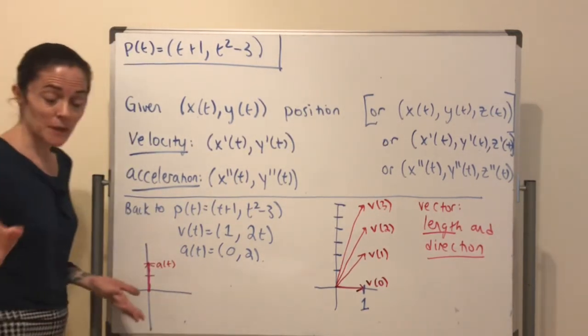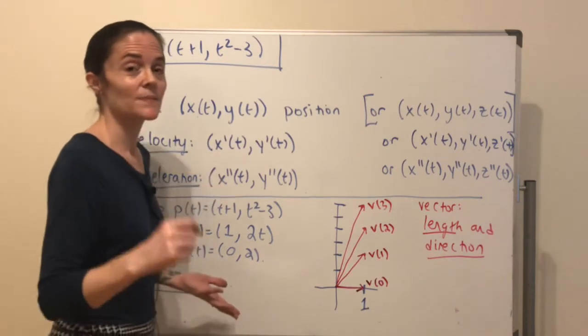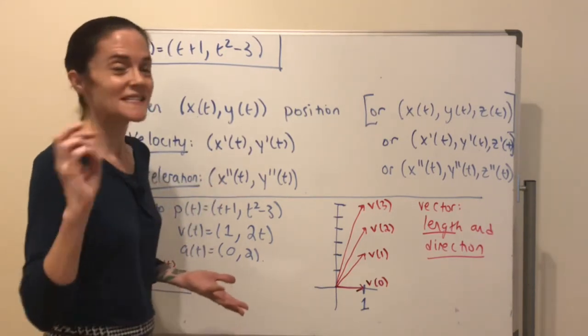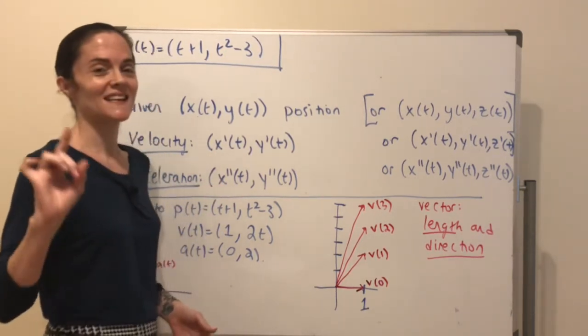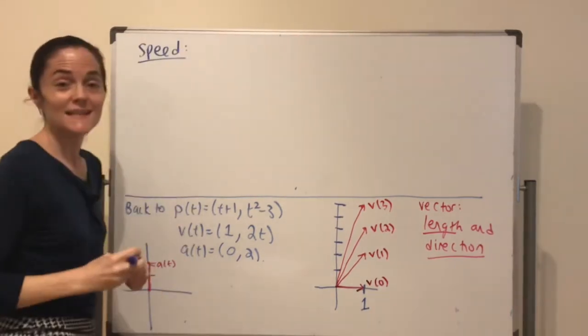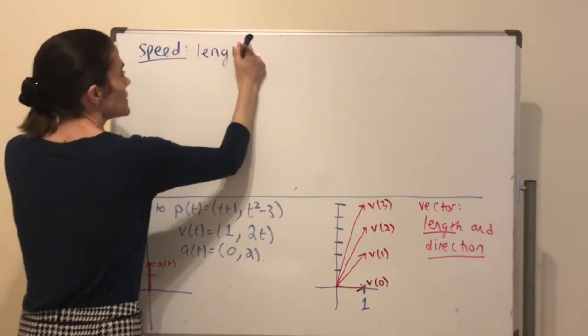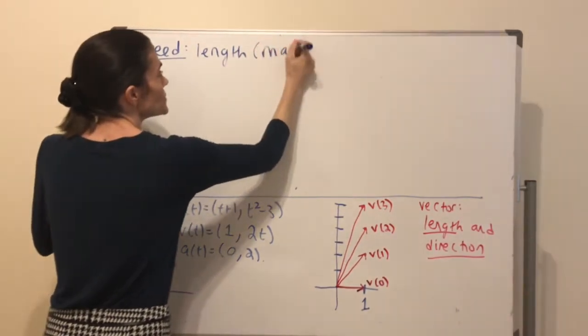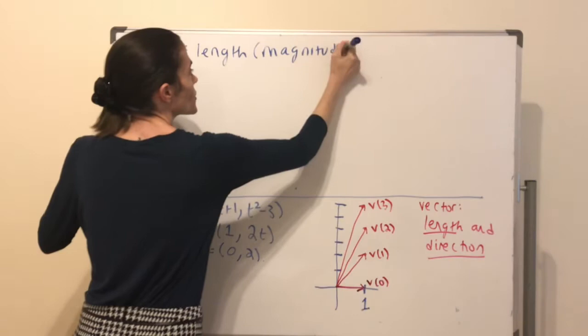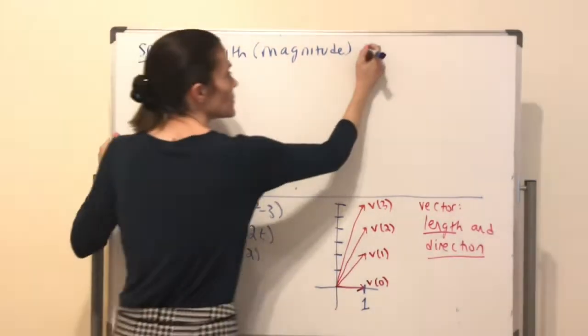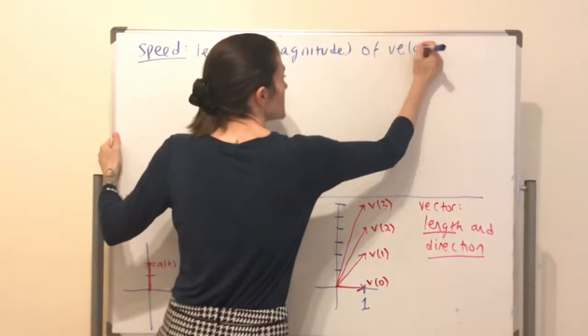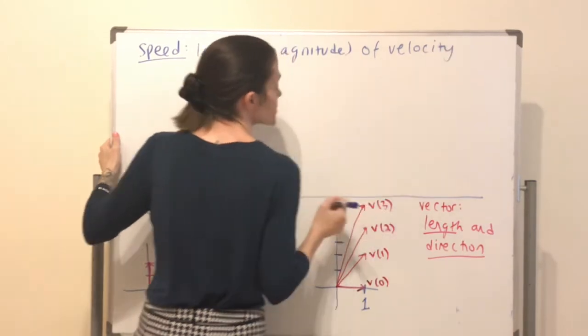You see, because speed is not a vector. Speed is a number or a scalar. There will be no direction in speed. Speed is the length, sometimes called magnitude, another word, of the velocity vector, okay?